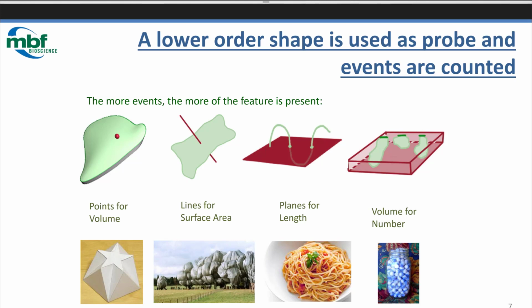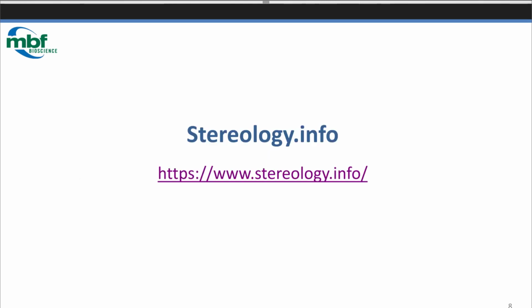To estimate the number of cells without bias, we look for the leading edge or the top of the cell and see if it's in the dissector or not. So use systematic random sampling, and we can estimate volume, surface, length, and number at the microscopic level when we're looking at our tissue that we want to find out about. So that was a couple PowerPoint slides.